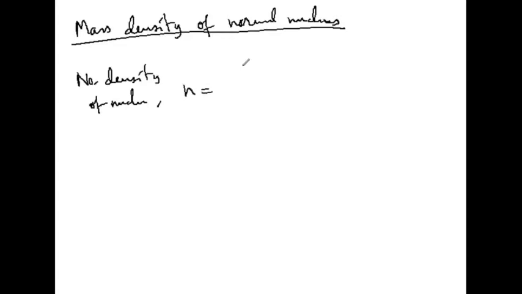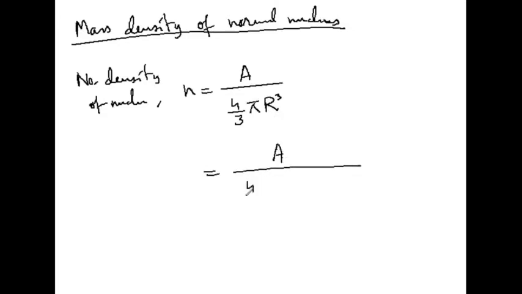So number density n is equal to mass by 4/3 pi r cube, right? Now we can write this as a by 4/3 pi, and this r I can write as a constant which is 1.25 Fermi meter into a to the power 1/3, whole to the power 3, right?